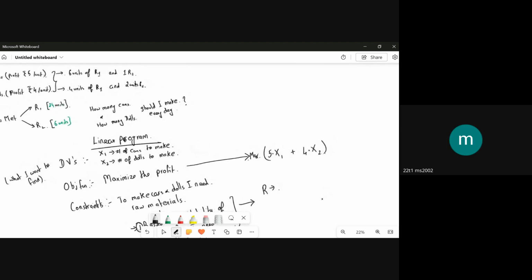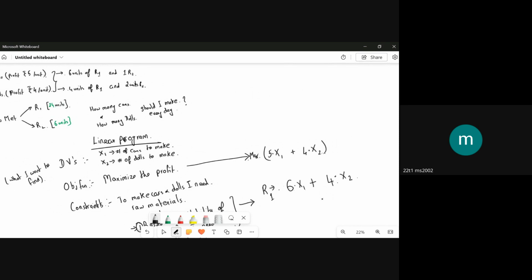Okay, so I need 6 units of R1 when I produce 1 car, and how many units are required when I produce 1 doll? 4 R1. So 6 plus 4, 10 units would be required if I produce 1 x1 and 1 x2. But I am going to produce some x1 quantity and some x2 quantity. So 6 into x1 plus 4 into x2 is the total amount of raw material R1 which I would require when I produce x1 cars and x2 dolls.